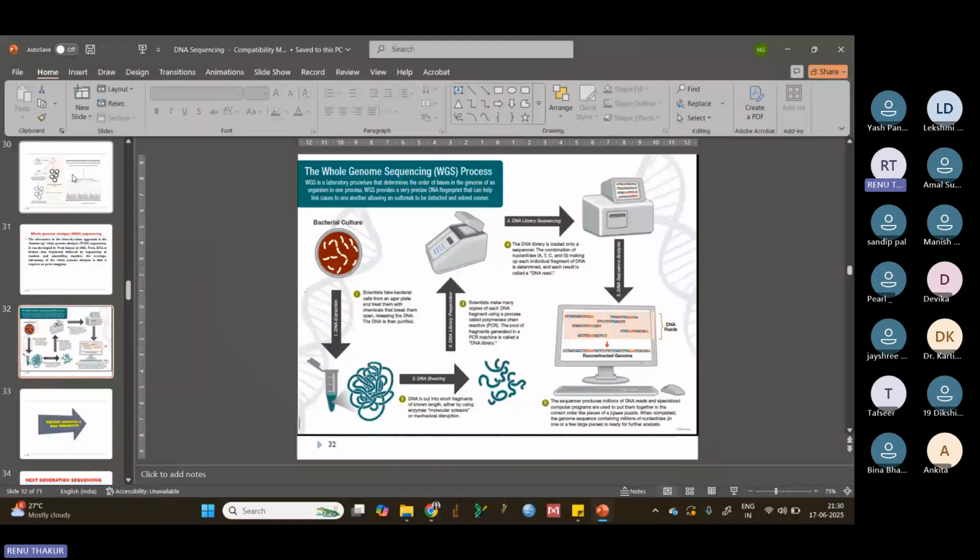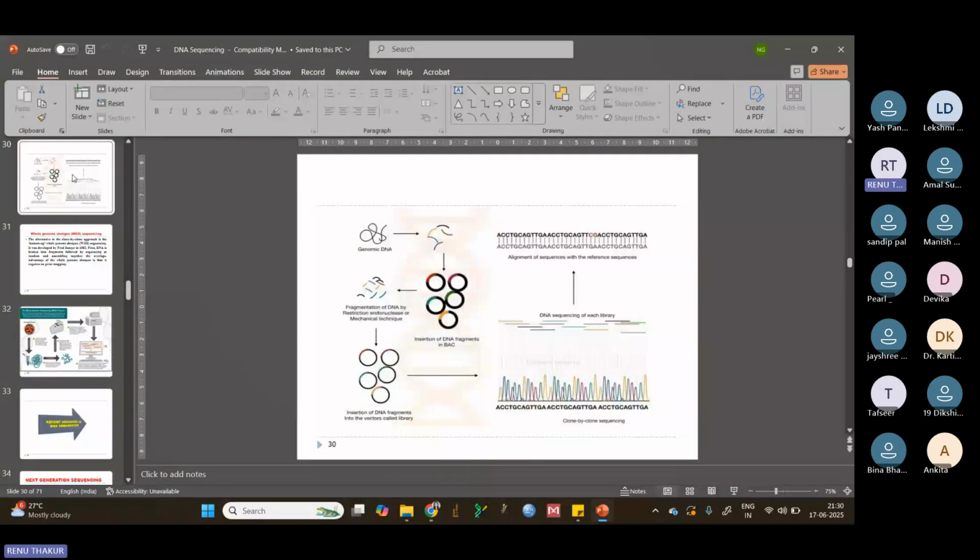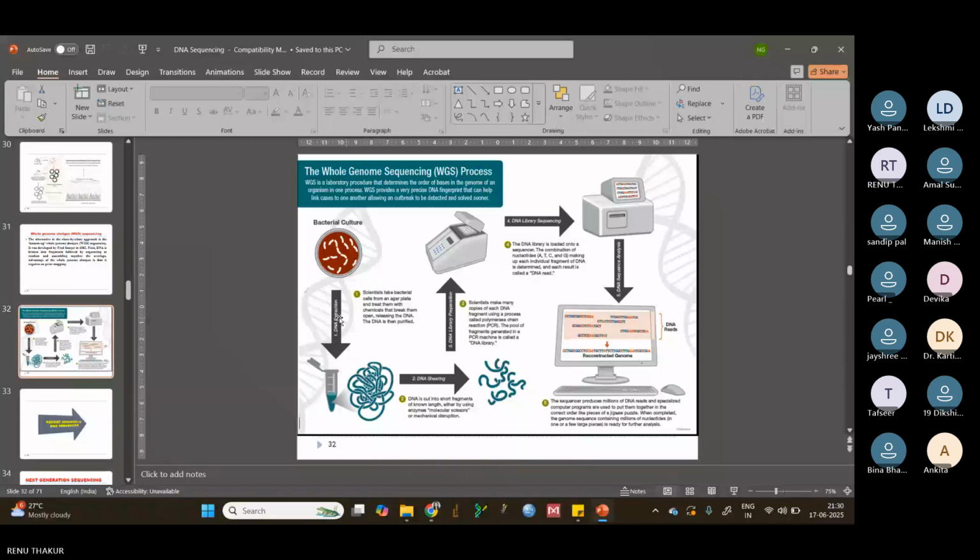This is the whole genome sequencing process. After the bacterial culture, we extract the DNA, and after that, we digest it. After the digestion, we go for the sequencing, and then we check the similarity with the existing one. So, what are the recent advances in DNA sequencing?